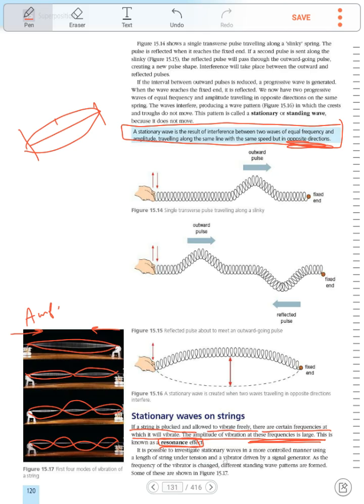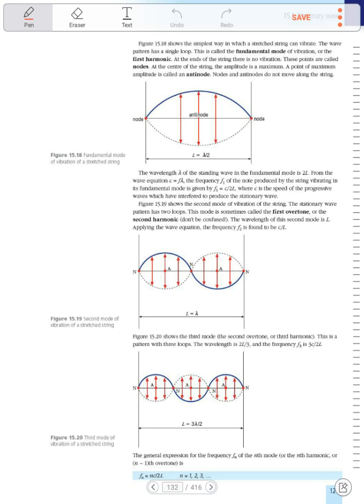It is possible to investigate stationary waves in a more controlled manner using a length of string under tension and a vibrator. Now, in this figure, we have a stationary wave or a standing wave. This is called the fundamental mode of vibration, or the first harmonic.